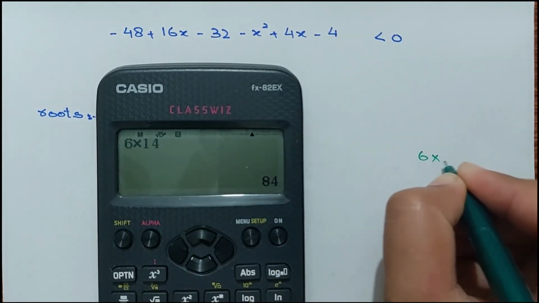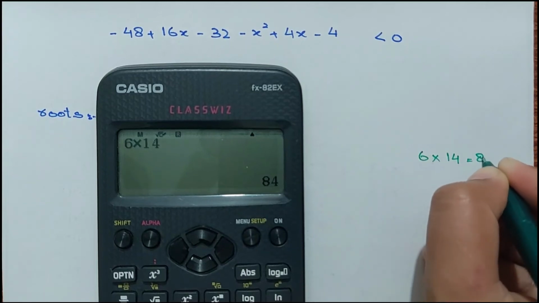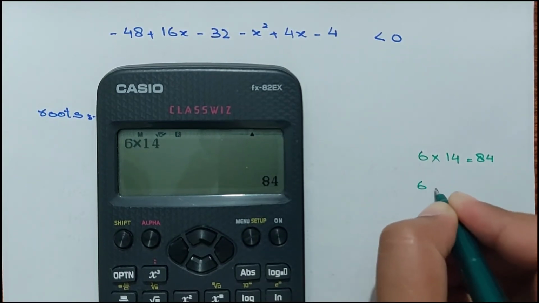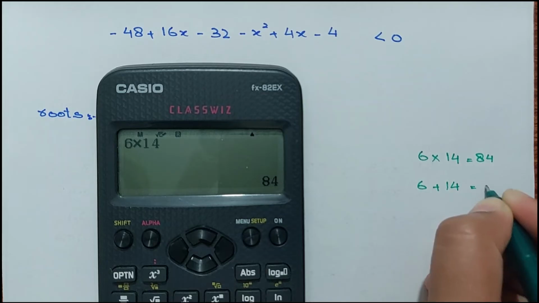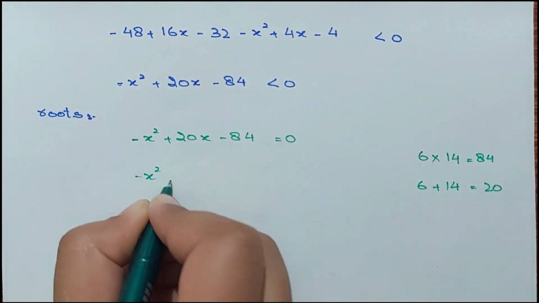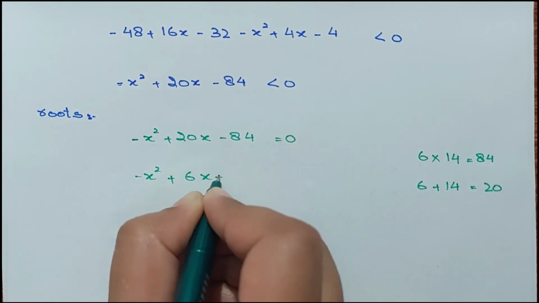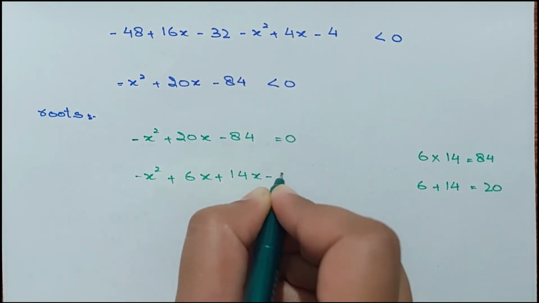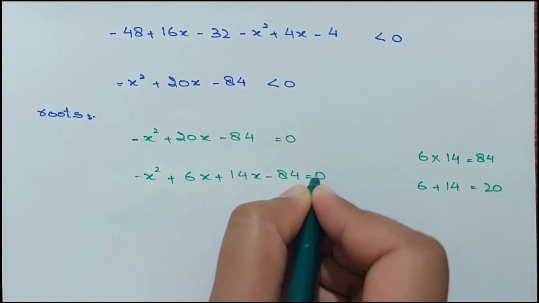Yes, 6 times 14 is 84, and 6 plus 14 is 20. We can break the middle term: minus x squared plus 6x plus 14x minus 84 equals 0.